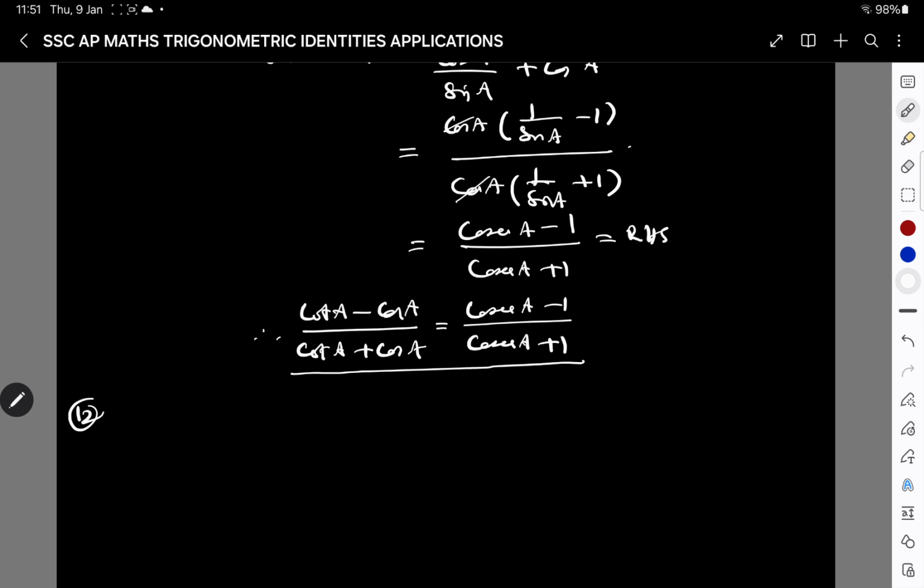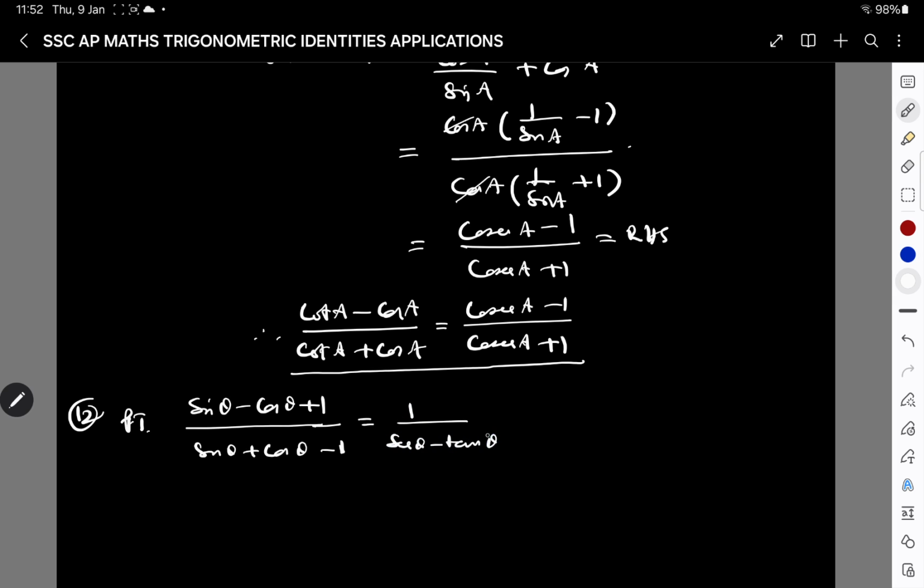So the next is, prove that sin theta minus cos theta plus 1 by sin theta plus cos theta minus 1 is equal to 1 by secant theta minus tan theta.